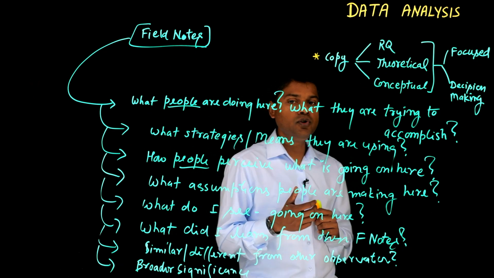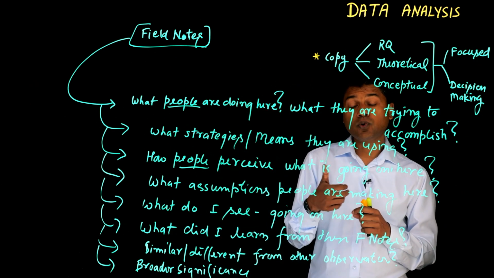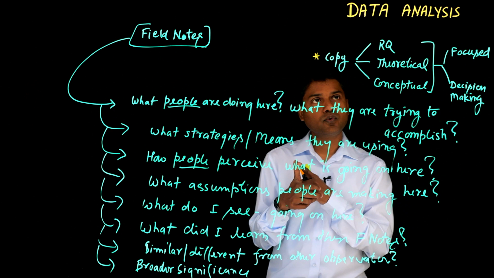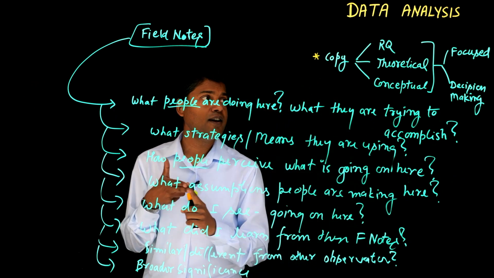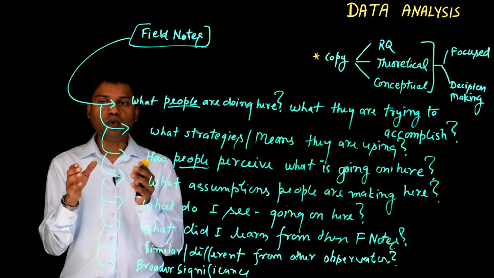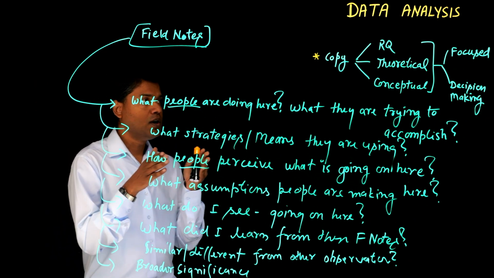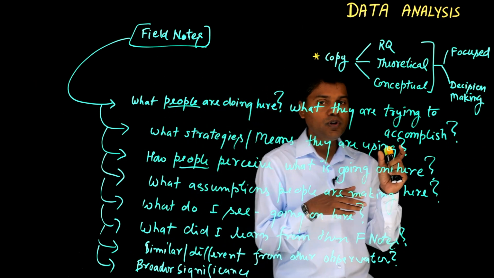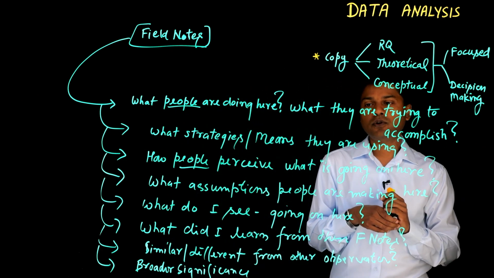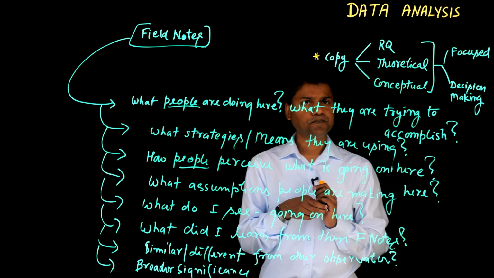First of all, when you are doing your coding, keep a copy of your research questions, your theoretical framework, and your conceptual framework if you are using one. That will help you make your coding more focused, and help you make good decisions about what code is suitable for the data excerpt.